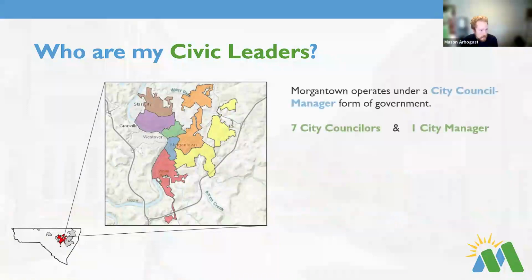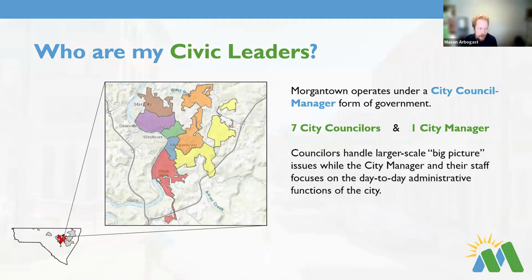Within the city, we have a city council manager form of government. Different municipalities work under various forms of government, but for Morgantown, we have a 7 city councilor and 1 city manager relationship.